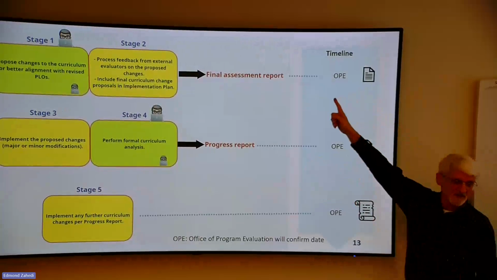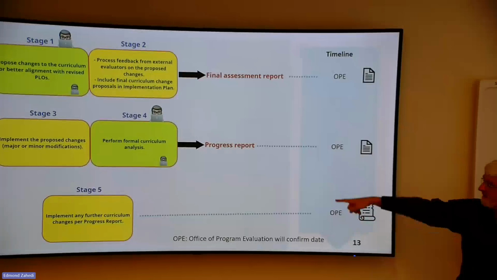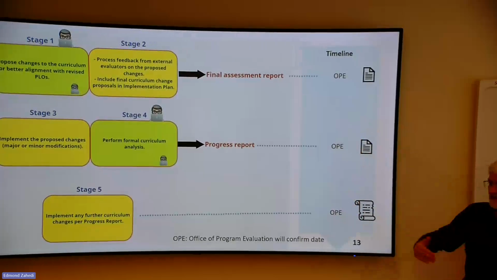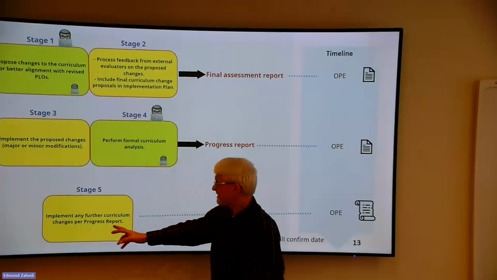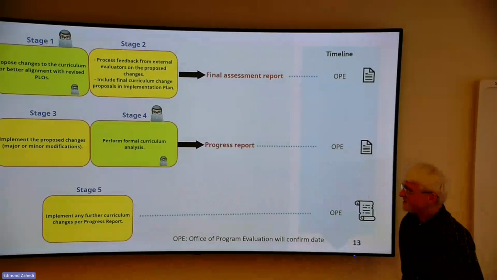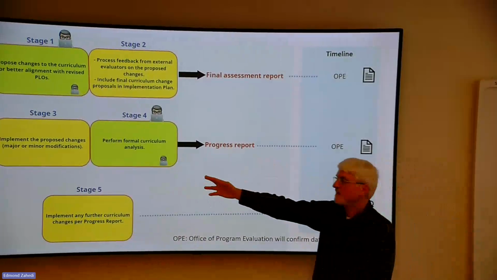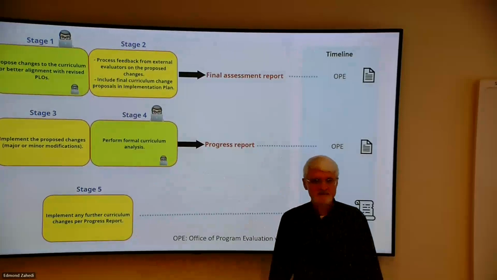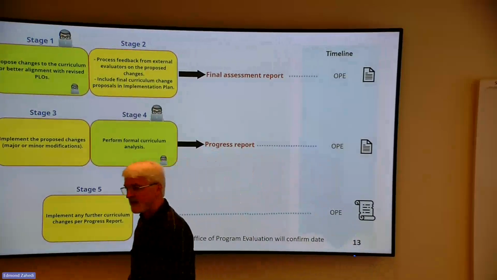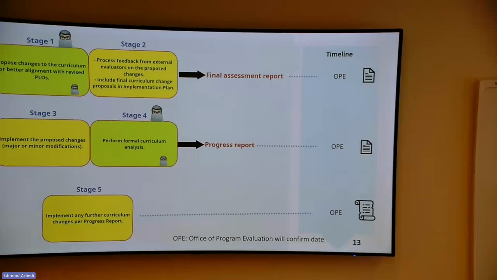So for timeline, please ask OPE, and they will tell you what is the timeline. Stage 5 is implement any further curriculum changes per progress report. So you find out that this works well, perfect. We keep it. This didn't work well, we need to do some more tweaking.